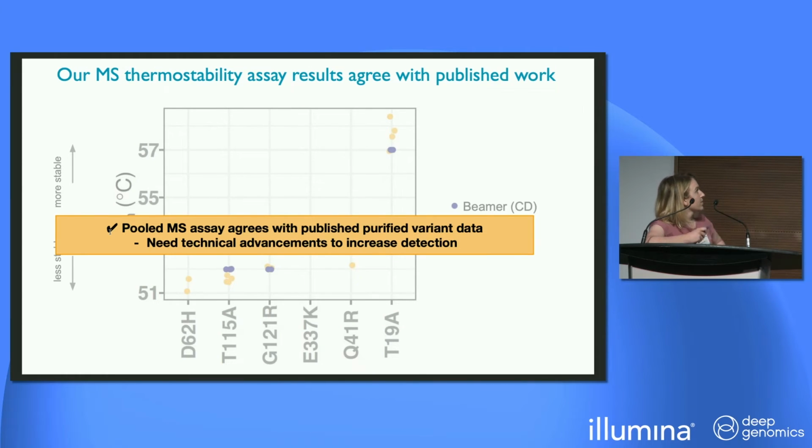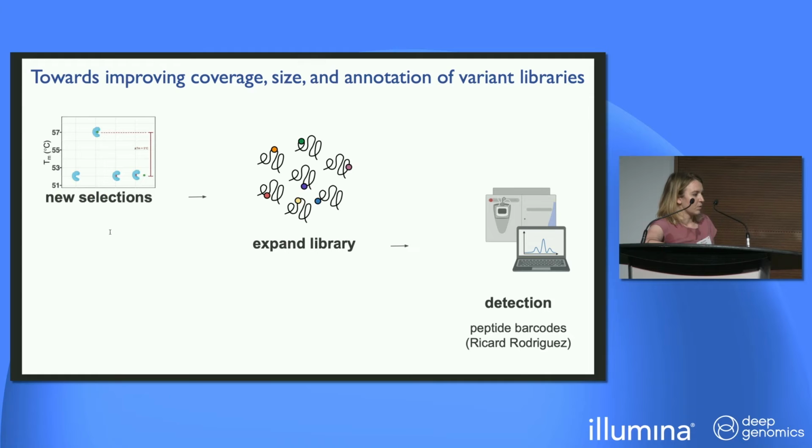And there's a number of technical advancements that are needed to increase the detection. I've only shown you 6 variants here, but there were 13 to start. So we've been working on that, and if you're interested in the technical side of the mass spec method development, I'm happy to tell you about that at my poster. We're working towards adding other selections, obviously expanding our very modest library size, and peptide barcodes.